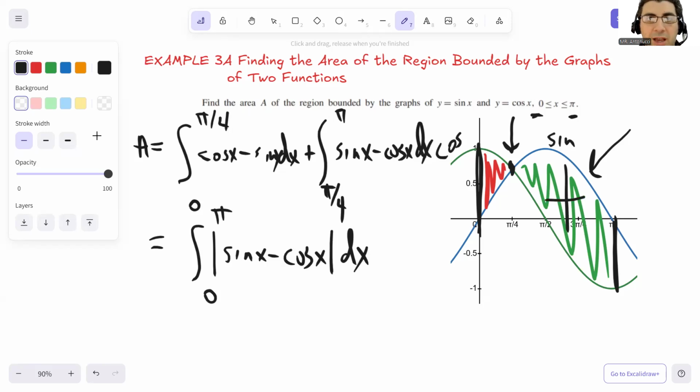But if you do sine minus cosine for this other region, since sine is on the bottom, it's going to give you the negative value of that region. However, if you take the absolute value, it's going to report the positive for that. And so you'll end up getting the whole entire combined area in just one integral.